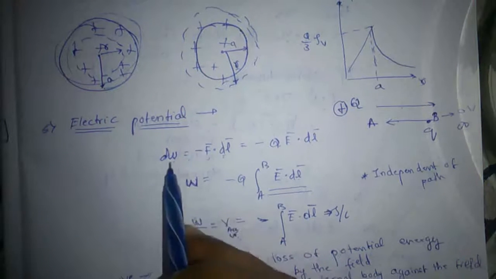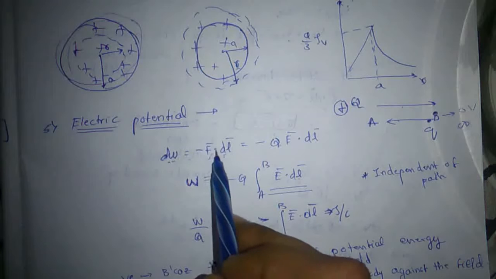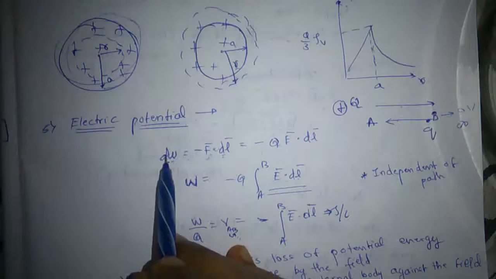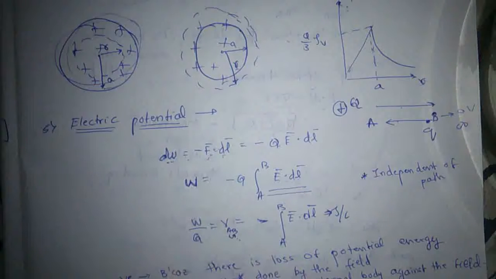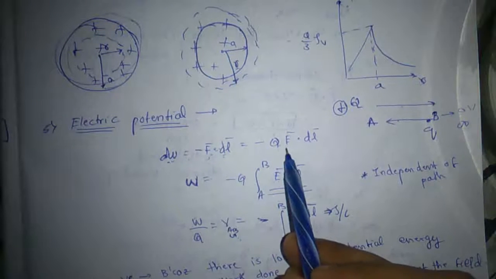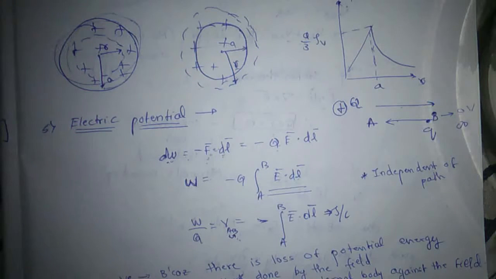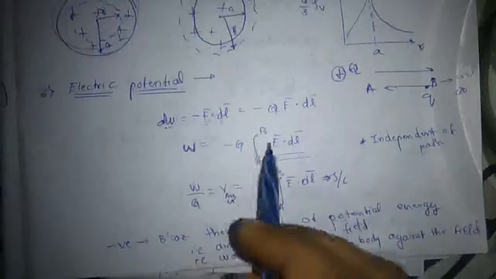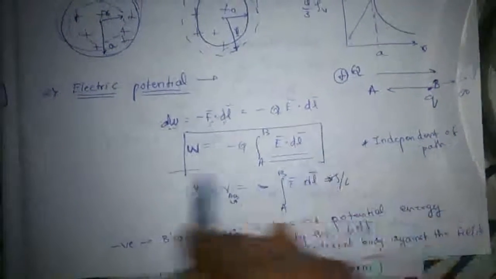A small work done dW is nothing but the force applied dot product with the distance the object is moved, that is force into displacement. Now suppose the work is dW and the displacement is dl. We can replace F bar by QE bar from the definition of electric field intensity, and thus we can integrate it and we get this very important equation.